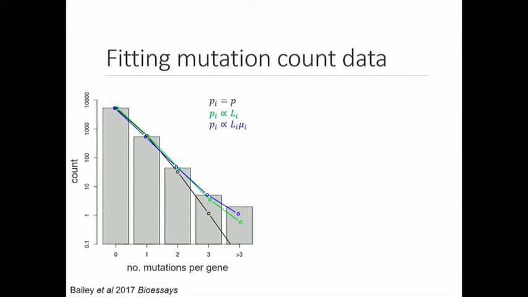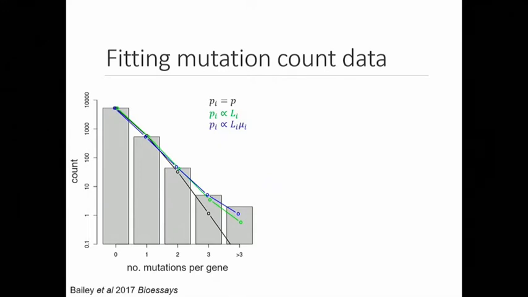Yes, gene length is the most important factor here, so we do take gene length into account. We can't just assume that we have the same mutation rate per gene. The most important thing driving that heterogeneity from gene to gene is the length of the gene, just the size of the gene.